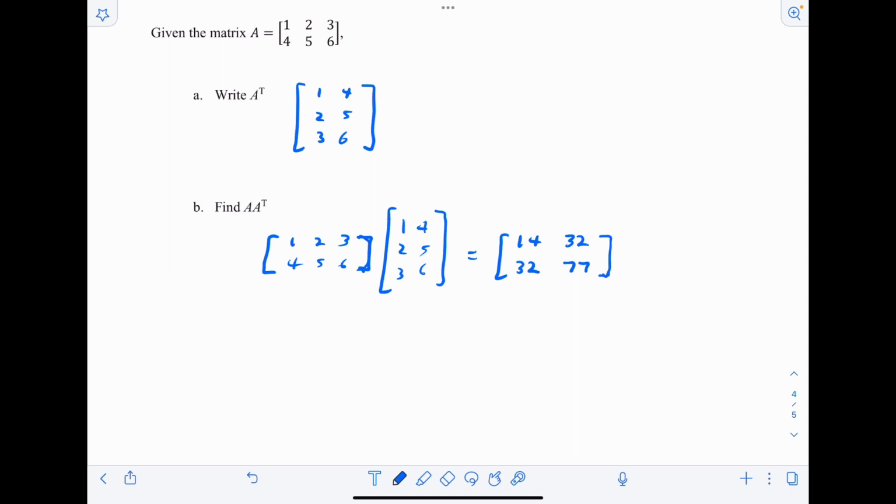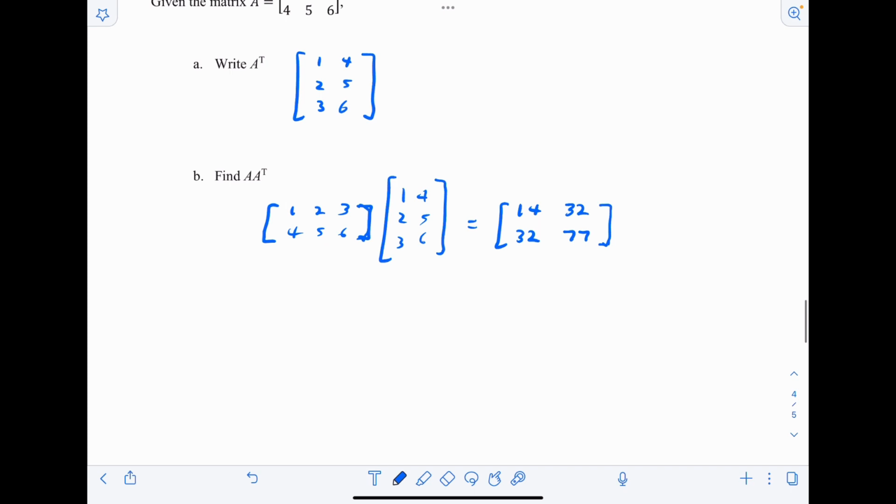And what I want you to notice is, if this is A times the transpose of A, and I take the transpose of this matrix, in other words, the first row becomes the first column, the second row becomes the second column, notice that they are identical.